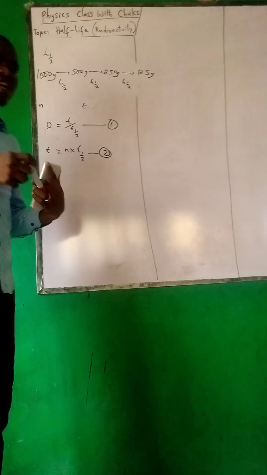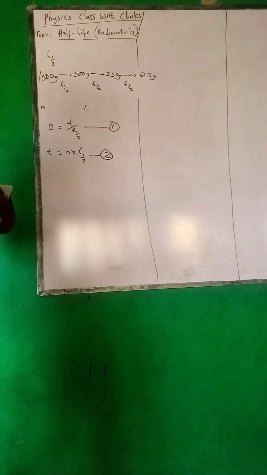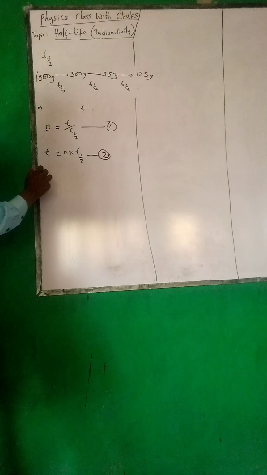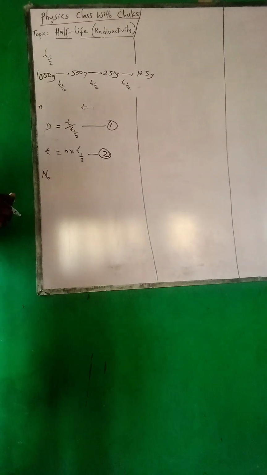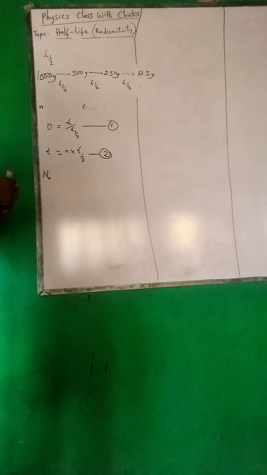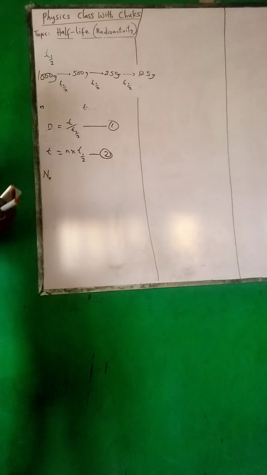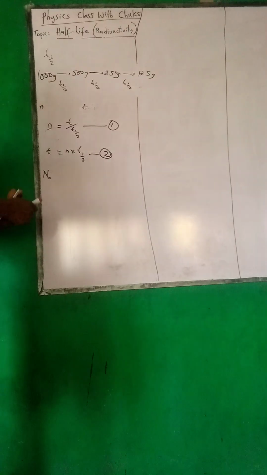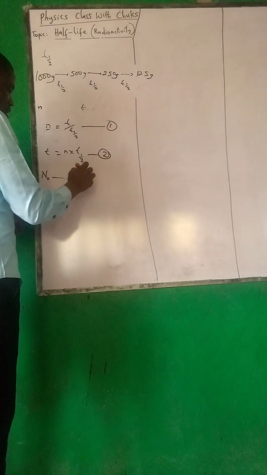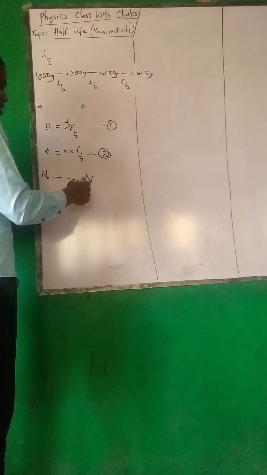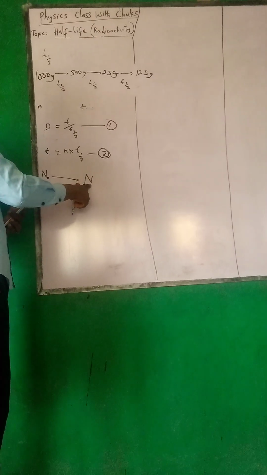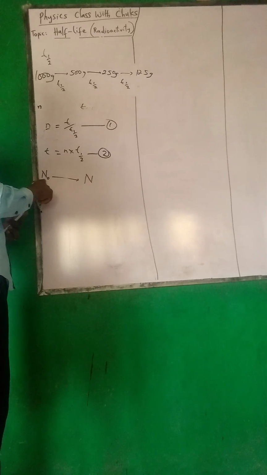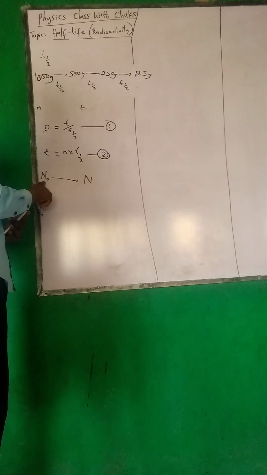Now, take for instance that a certain amount of radioactive element has the initial amount N0. Then after a certain half-life, the thing undergoes disintegration and reduces to N. So N is the amount remaining after certain disintegration, while N0 is the initial amount.